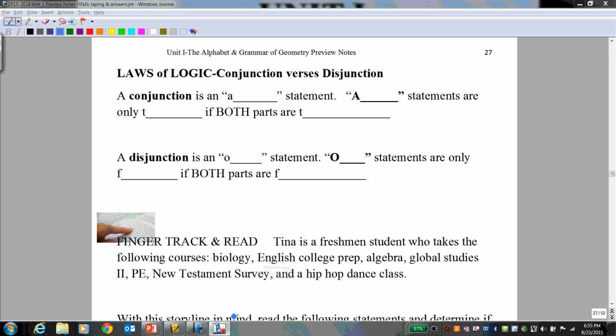Ready? Now we're going to talk about another aspect of logic here. It's called conjunctions versus disjunctions.